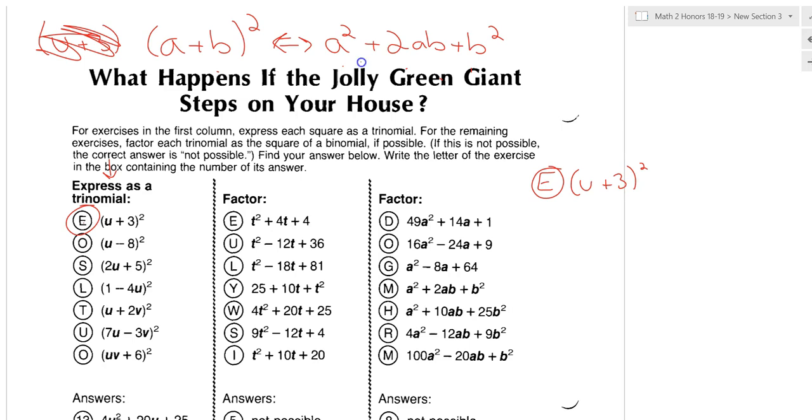You could just use this, I first just want to show how we get this. It's from just multiplying. Remember, squaring something is multiplying it by itself. So u plus 3 squared is really the same as u plus 3 times u plus 3. And then we distribute, right? So that's u squared plus 3u.